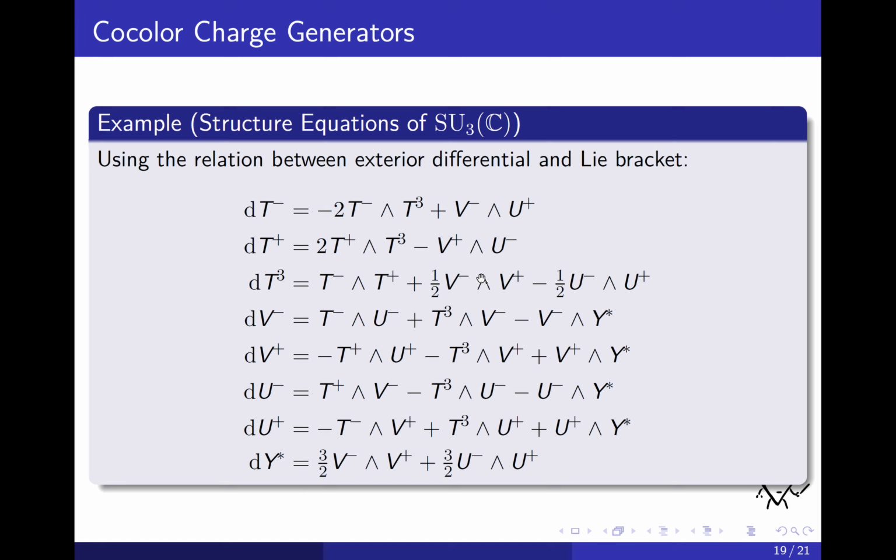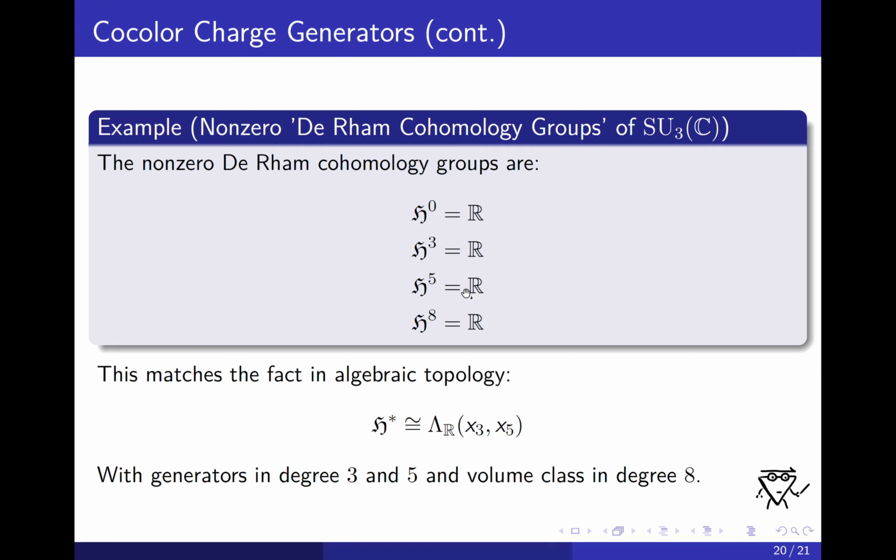And in principle, you can use this to compute the cohomology of SU(3). And if you do this, you will find that the cohomology groups are R for H0, H3, H5, and H8.